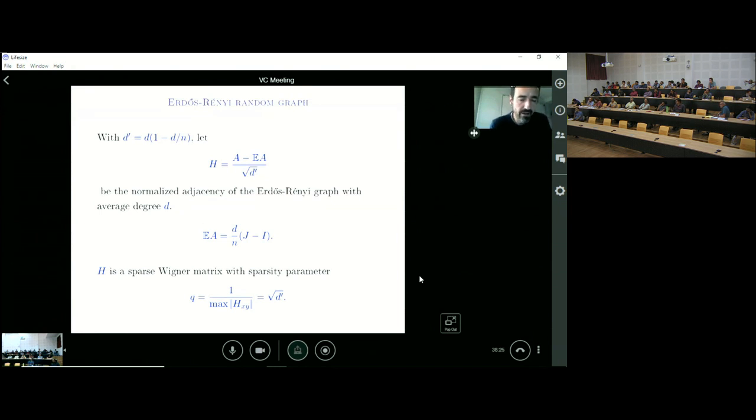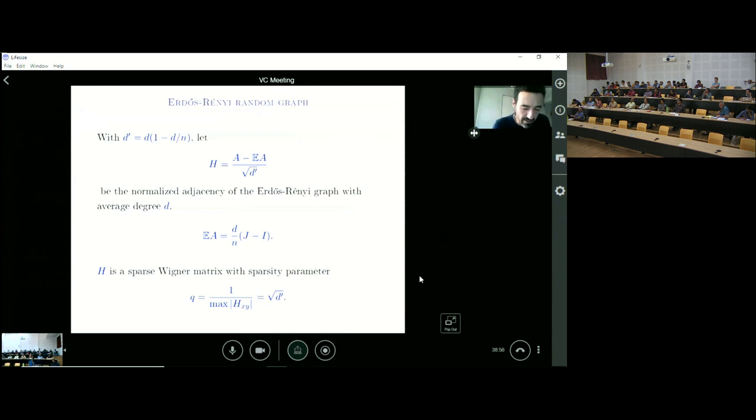The variance of a diagonal entry is 1 over n, and the entries are bounded by 1 over square root of d'. So the sparsity parameter q is simply the square root of the average degree, and of course this explains why q is the sparsity parameter.